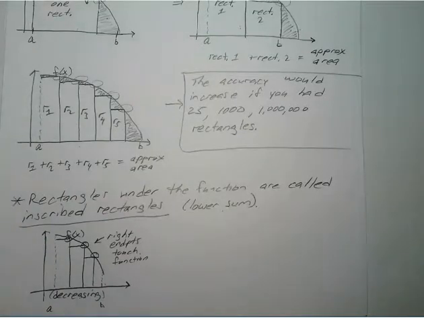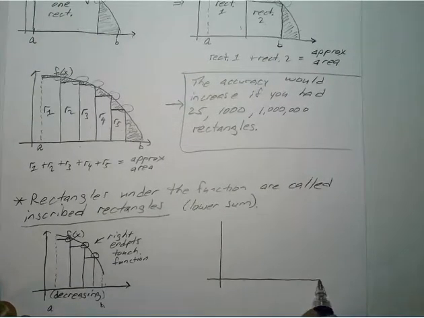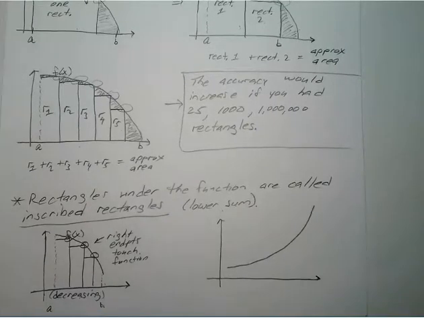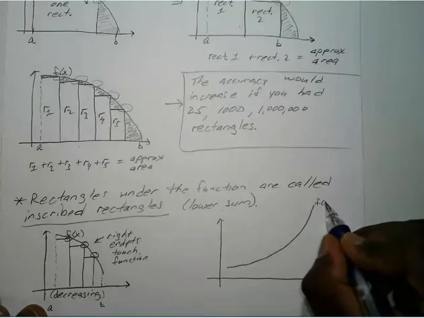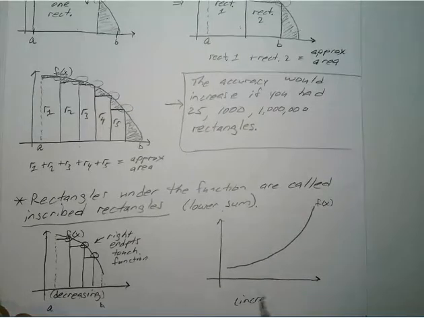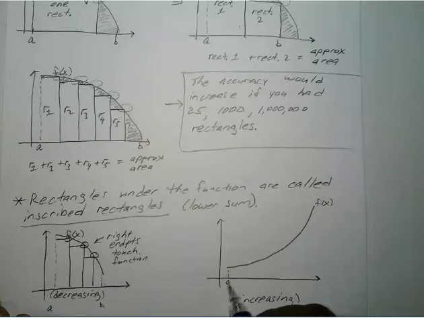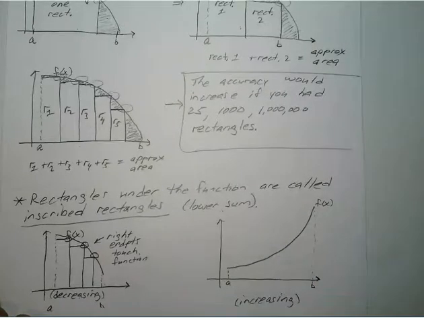All right, so that's for a decreasing graph. What if it's increasing? Well, if you look closely and you have an increasing function, and this is again your function f of x, and it's increasing. I'll put the increasing a little lower. You have an increasing function for some interval from a to b. Then in order to have inscribed rectangles, you can't have the right one touching.